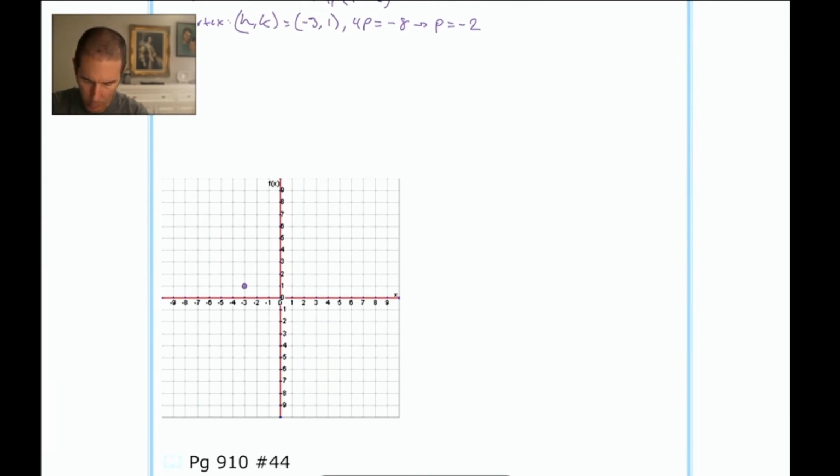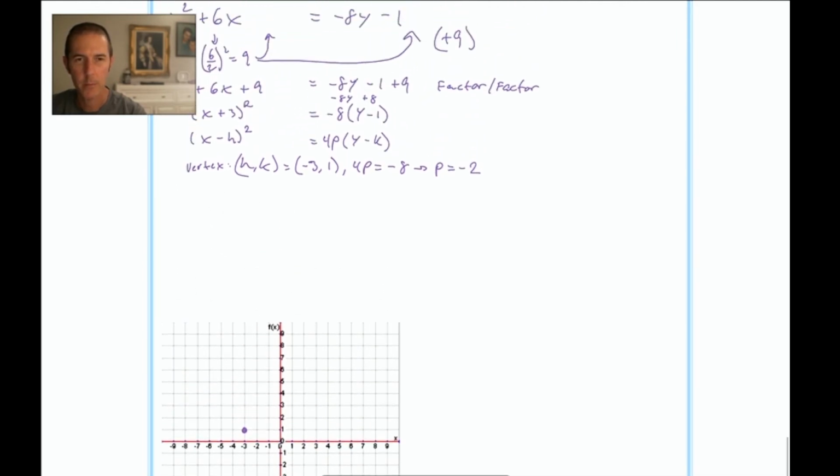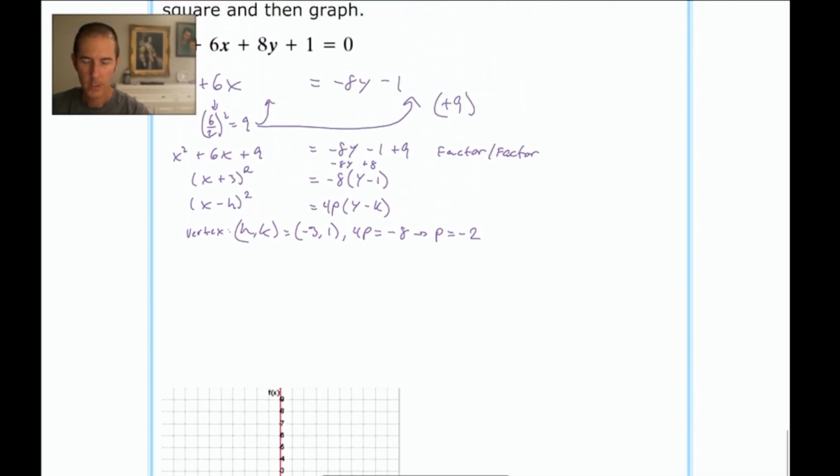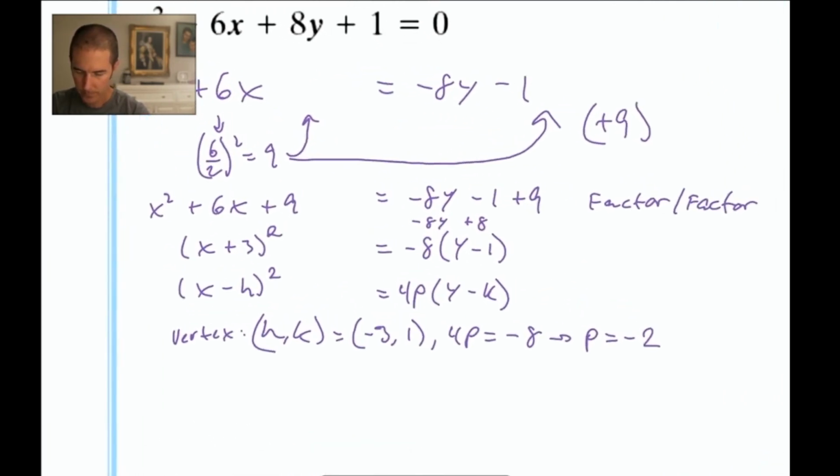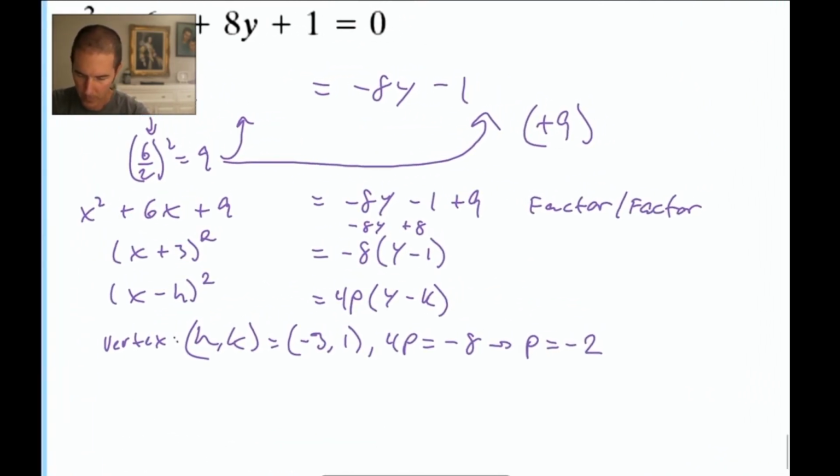There we go. And my absolute value of p, oh wait, what's going on with concavity again? Let's look at this equation. This equation has x squared and 4p equals negative 8, which is less than 0.